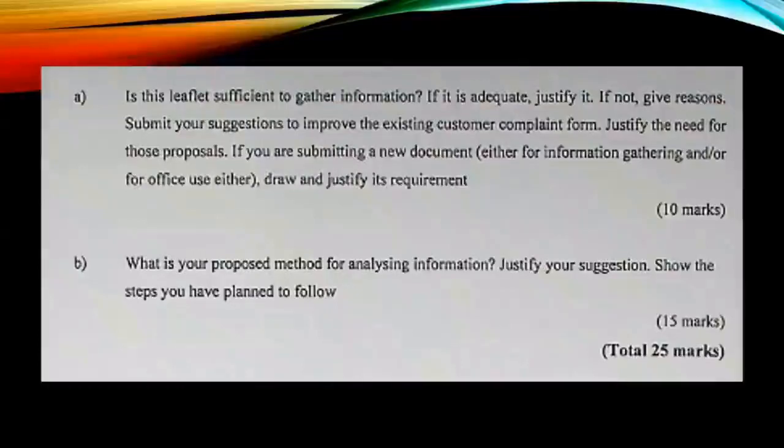Second one: what is the proposed method for analyzing information? Here, they have used a form. It is almost a check sheet. We are using a check sheet for data collection, not for data analysis.